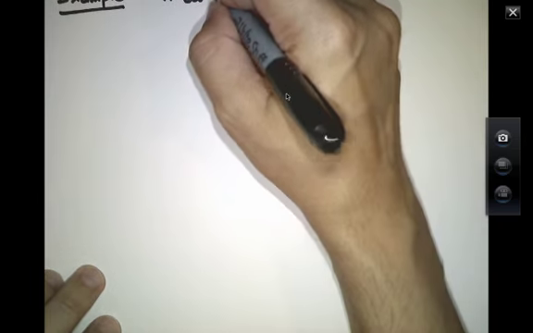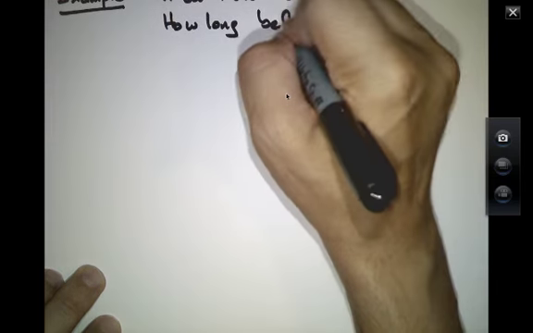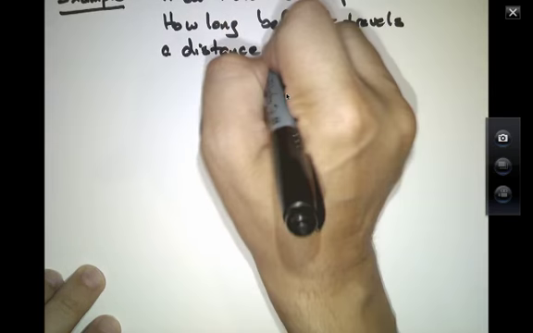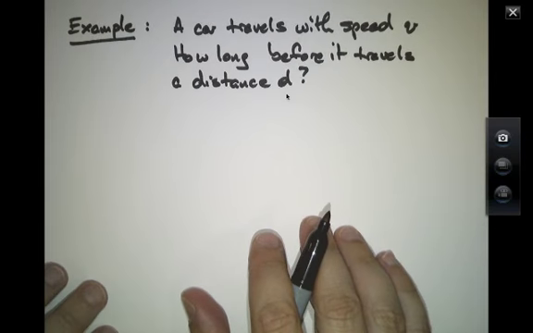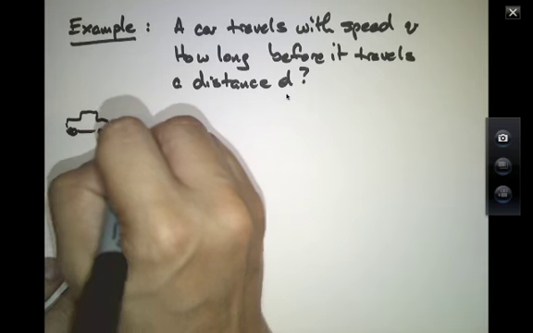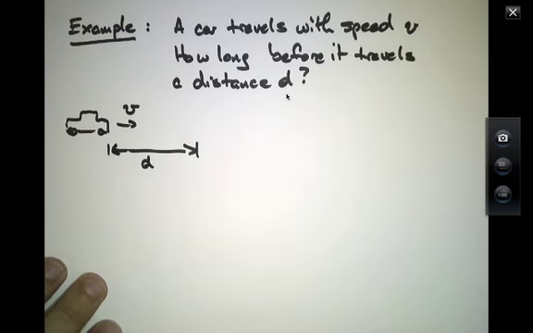We can take this further and consider other kinds of problems. So we can imagine a car moving along at some speed, and ask how much time does it take for this car to cover a distance d.